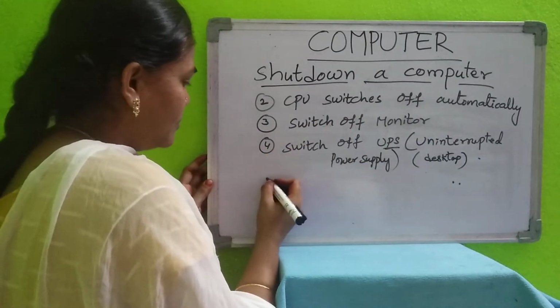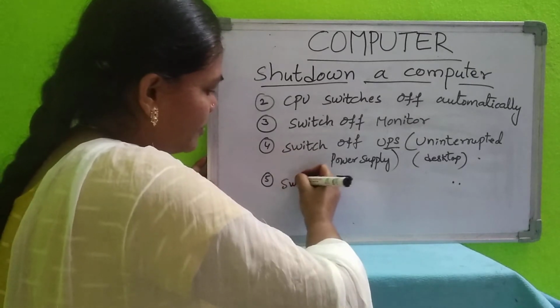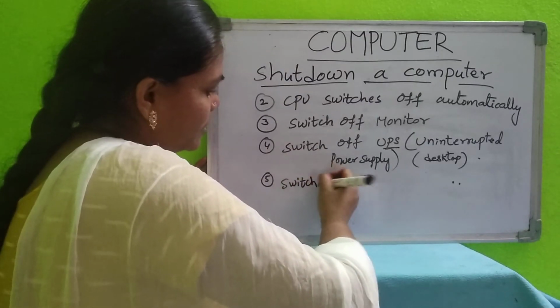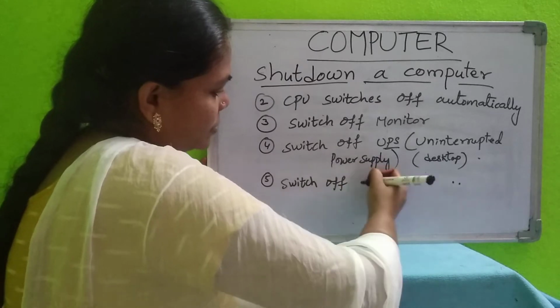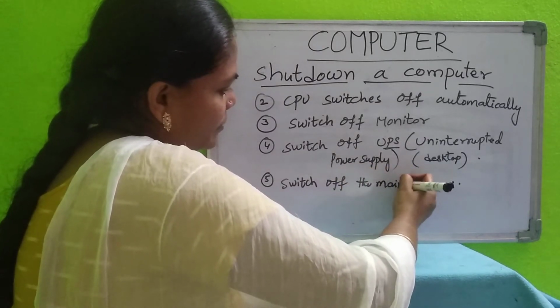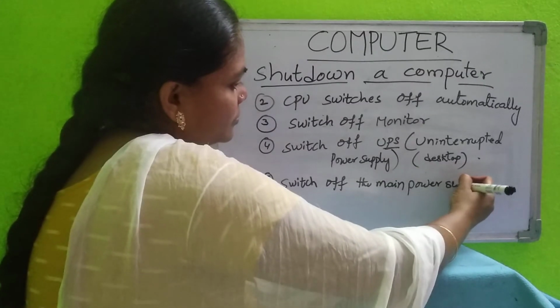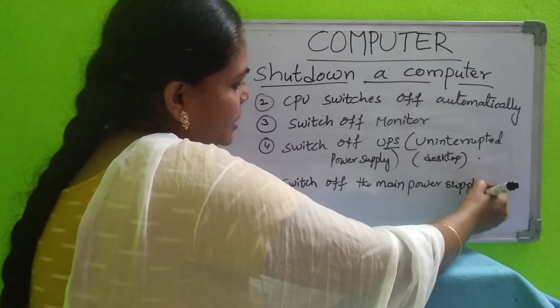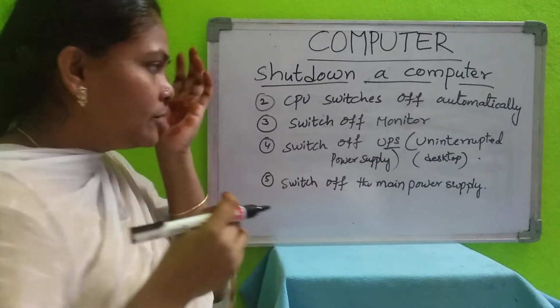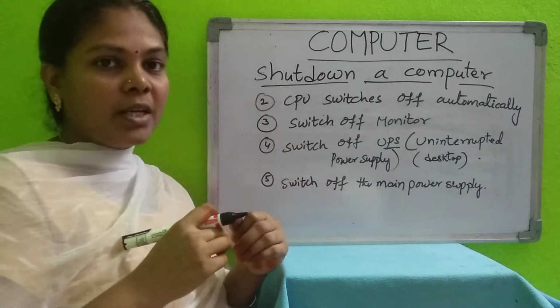Okay, next fifth step is how to switch off the main power supply. Last step we have to switch off the main power supply. These 5 steps we have to follow to shut down a computer.